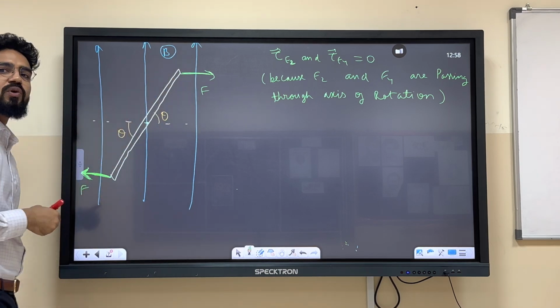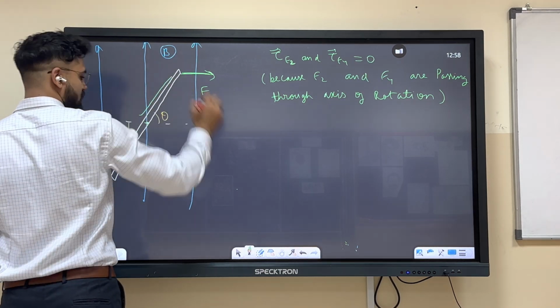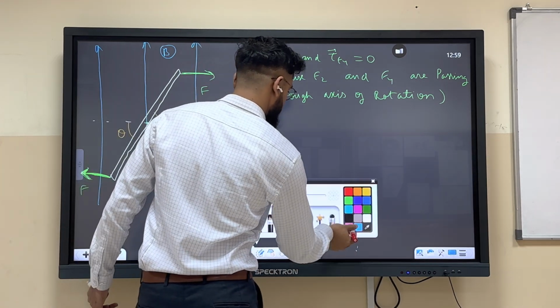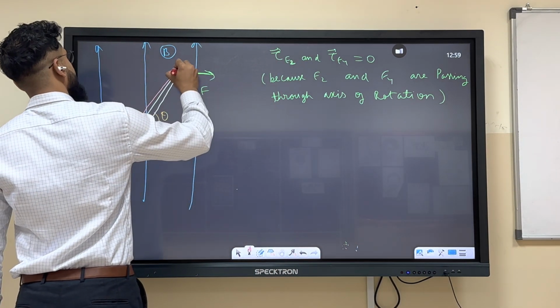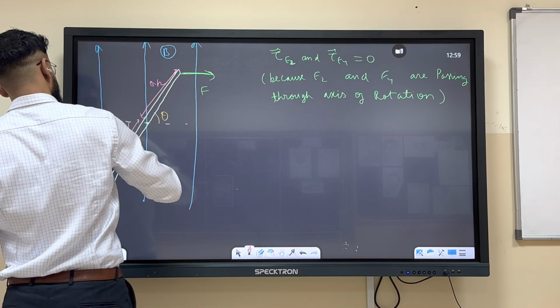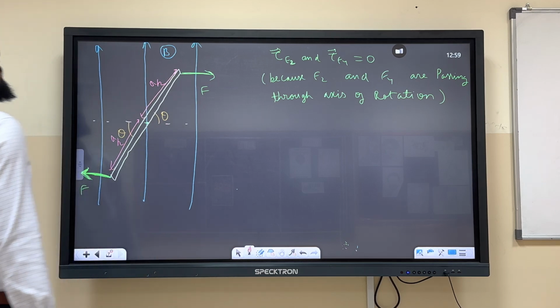This whole side length was what? A. So this length is A by 2, this length is A by 2. Okay?